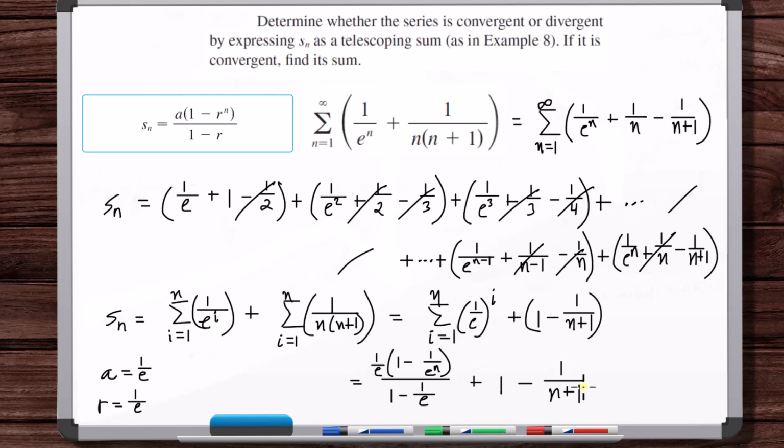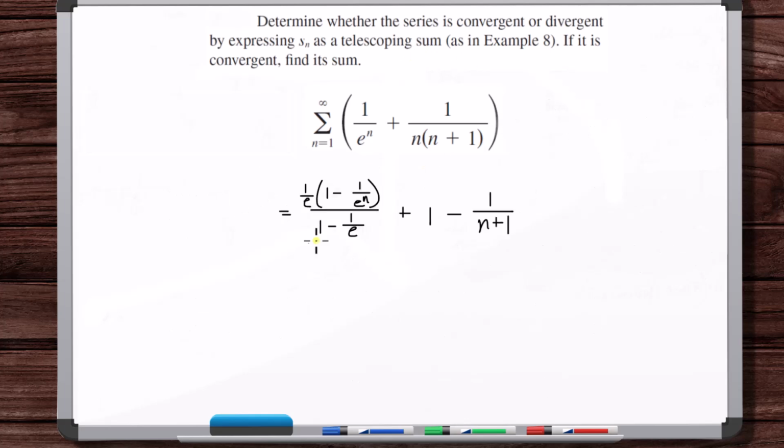There is the S of n for this series. Now we could simplify this to make it more presentable, but just to save some time, all we need to do, let's just go ahead and take the limit of this. So we can go ahead and answer this question.